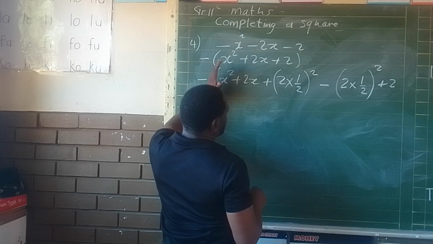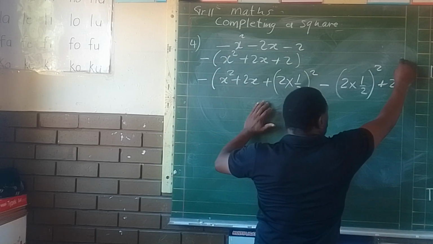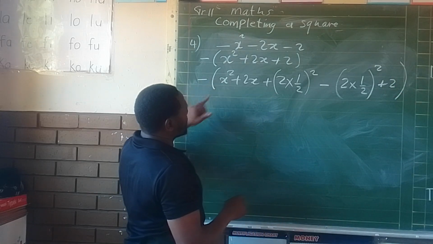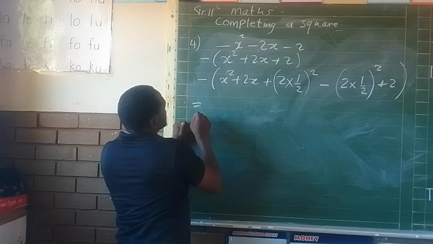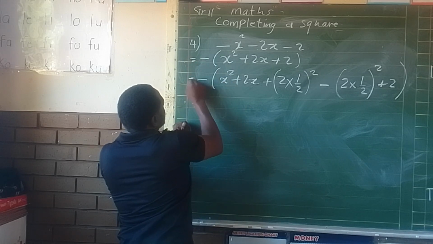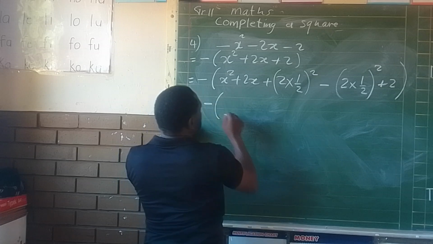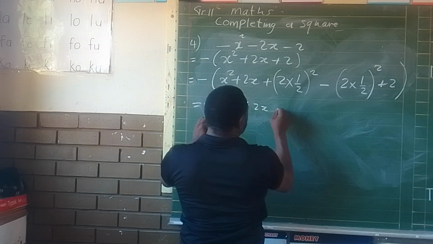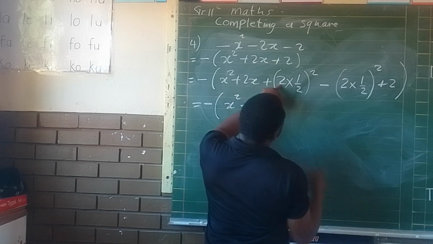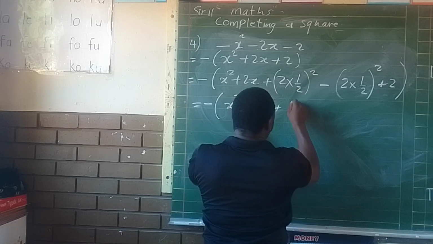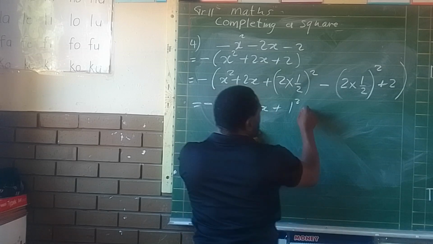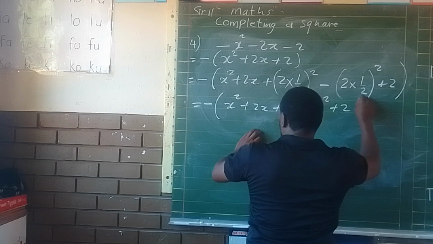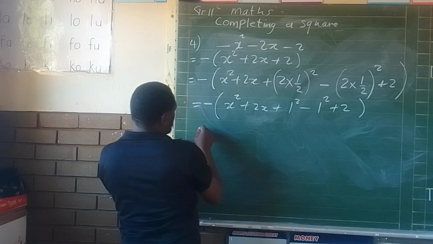Now, this bracket needs to be closed here because we have opened the bracket, which is equals to the negative into x squared plus 2x plus 2 multiplied by half is 1. 1 squared minus 1 squared plus 2, closing the bracket.